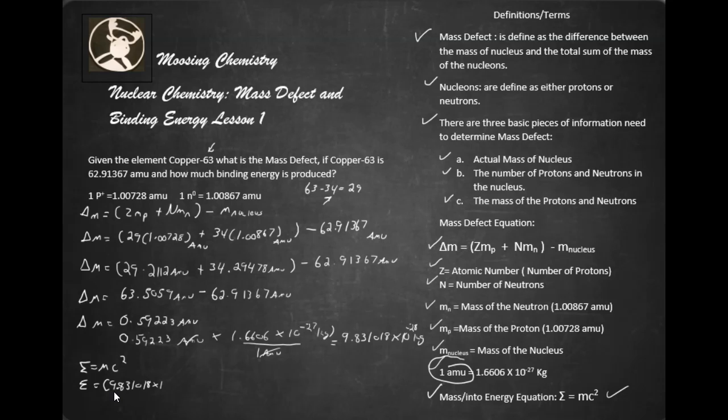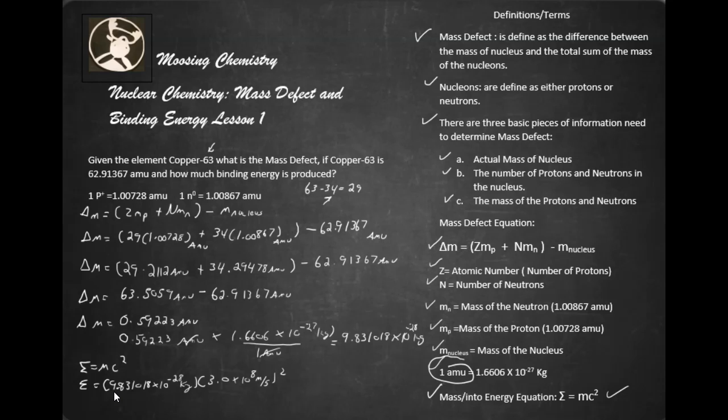We put that in there, 9.831018 times 10 to the negative 28 kilograms times the speed of light squared, which is 3.0 times 10 to the 8 meters per second, squared. There you go.